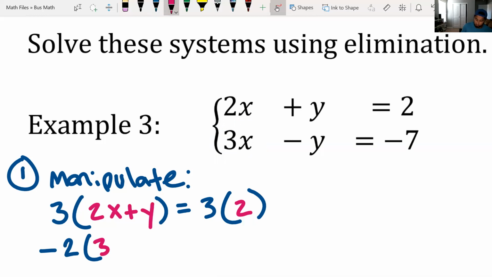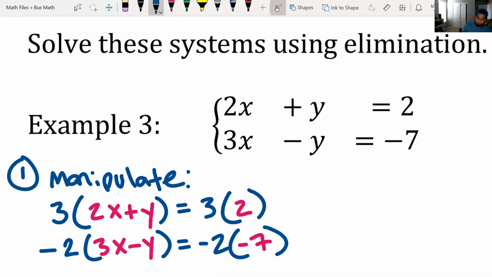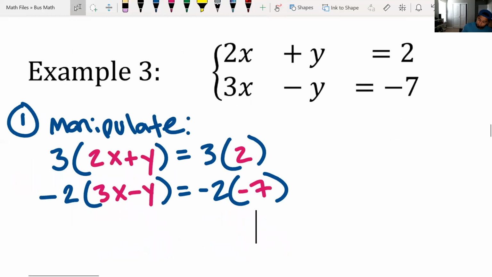And you'll get 3x minus y equal to -2 times -7. Okay.